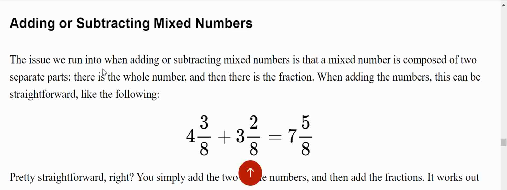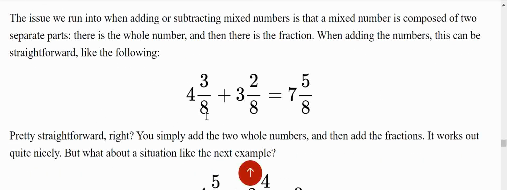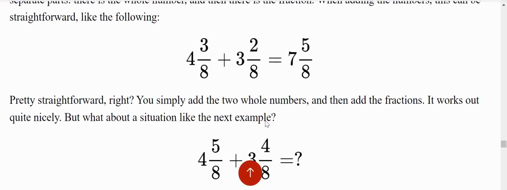The issue we run into when adding or subtracting mixed numbers is that a mixed number is composed of two separate parts. There is the whole number, and then there is the fraction. When adding the numbers, this can be straightforward, like the following: 4 and 3/8 plus 3 and 2/8. 4 plus 3 is 7, 3 plus 2 is 5, and the 8 carries forward.